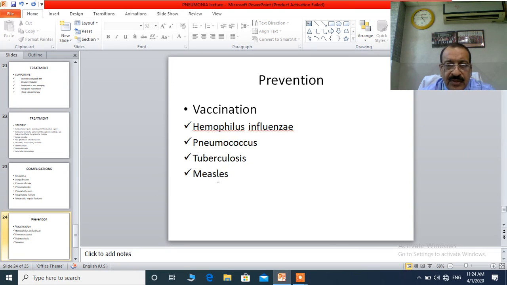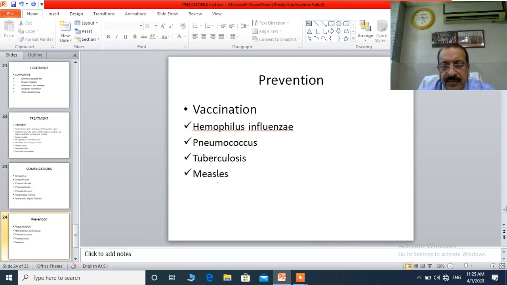The vaccines for Haemophilus influenzae, pneumococcus, tuberculosis, and a vaccine for the prevention of measles, they are available, and these are easily available, and when given to the children, they can prevent the development of disease by these organisms.